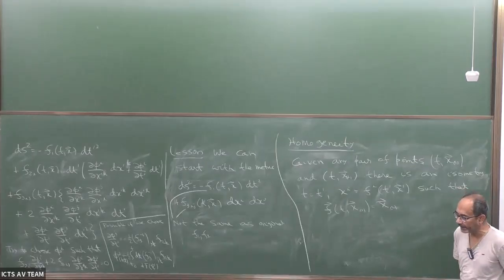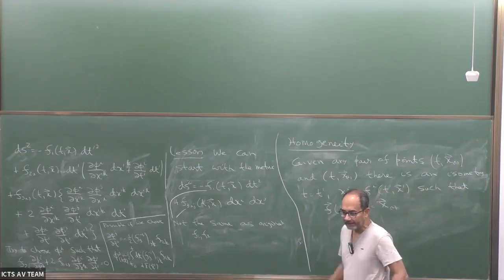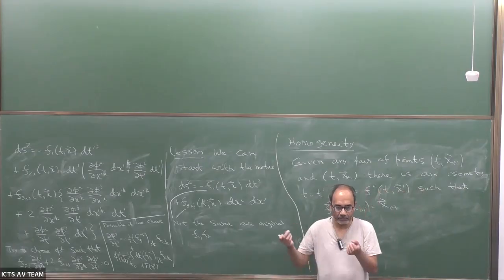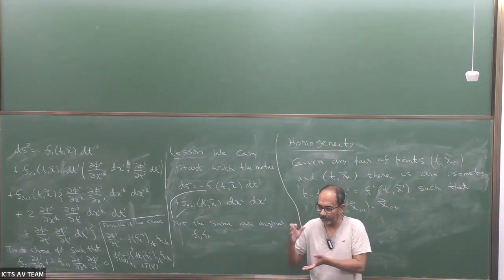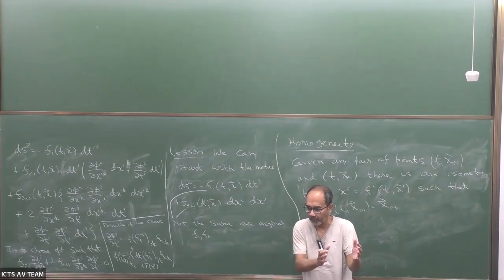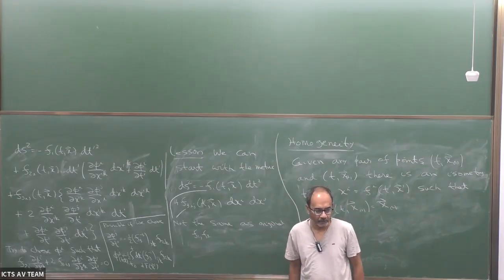Because you want the metric to look the same in a neighborhood of those 2 points, not just at those 2 points. You don't just want to make the metric equal. You have to make sure that the functional form of the metric in the neighborhood of one point is the same as the functional form in the neighborhood of the other point after appropriate coordinate transformation.